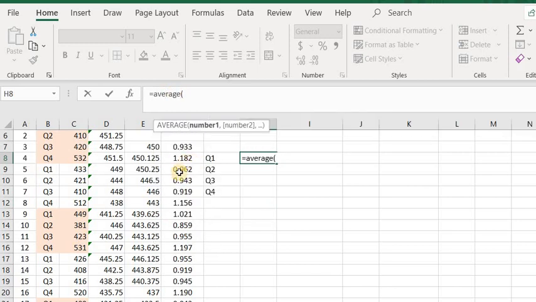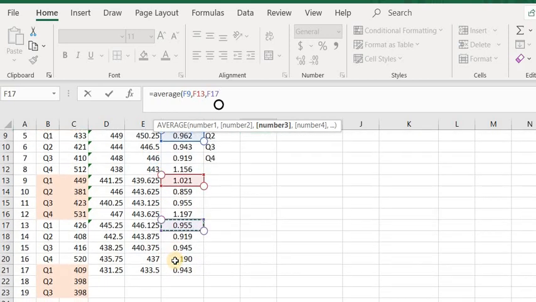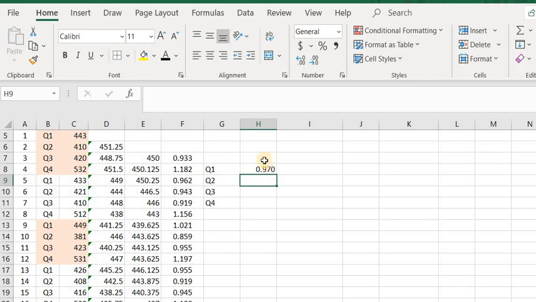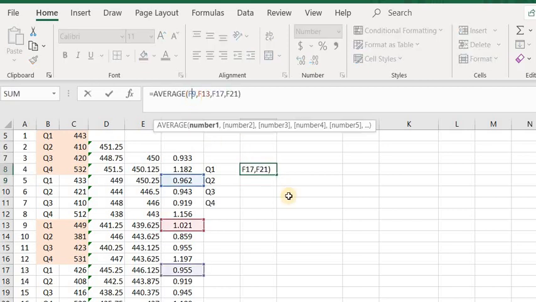For the first quarter of the first year, and then second, and then third, so only 3. The last one also has the first quarter, so all 4 data. This is the average of the first seasonality, which is the first quarter.